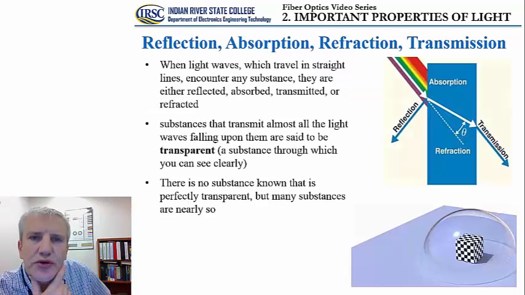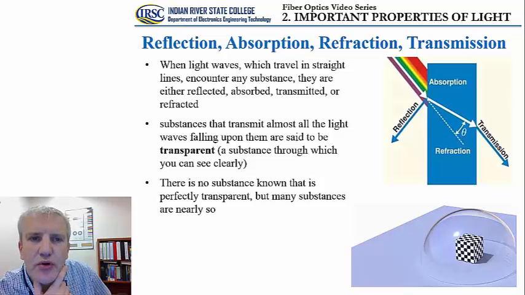Now that we introduced the important parameters that would describe the behavior of light, such as wavelength, period, frequency, and the speed of light, let's focus our attention on the behavior of light when it is propagating in some sort of medium. In other words, let's talk a little bit about how the light interacts with the medium in which it propagates.